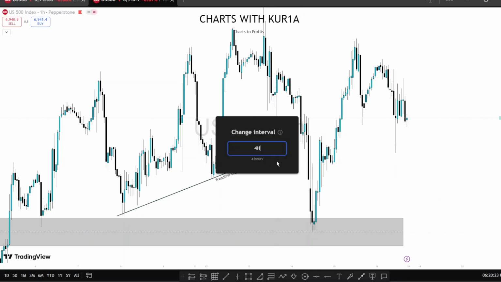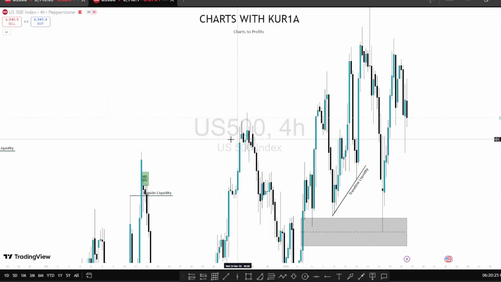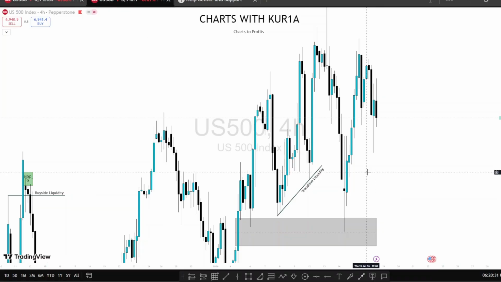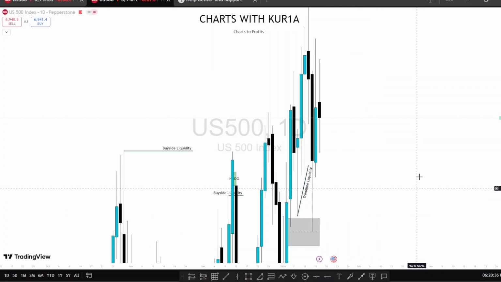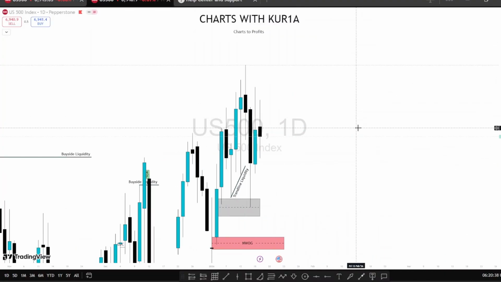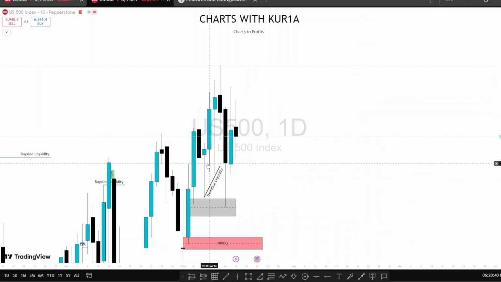Going back to the 4-hour chart, you remember that all this started from the daily chart. Let's start there, on the daily chart on Tuesday. On Tuesday, we had this down close candle which gave us a very nice daily change in state of delivery to the downside.